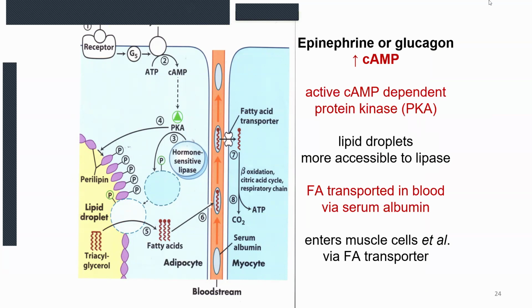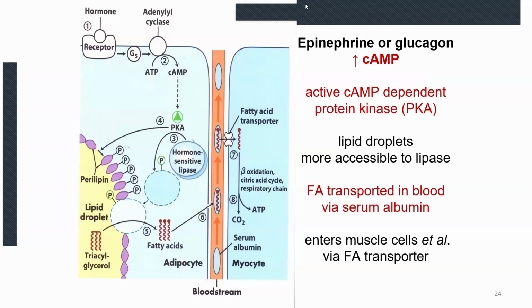Now, if you look at this schematic, it shows a specific lipase known as a hormone-sensitive lipase. And this is a way that biological signaling can take place. So if you look in the upper left-hand corner, we have a hormone. And that hormone could be epinephrine or it could be glucagon. Those are both hormones that are involved in fatty acid metabolism.